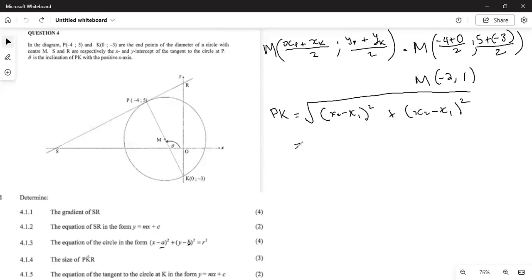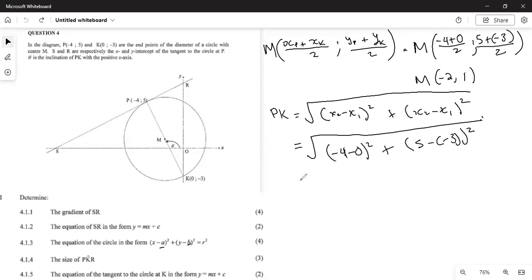Now PK is our diameter. So we'll have (-4 - 0)² plus (5 - -3)². And if we plug that into the calculator, we'll get the square root of 80.